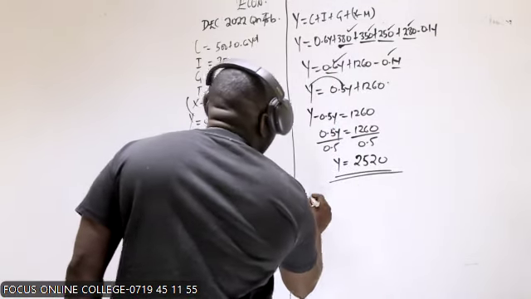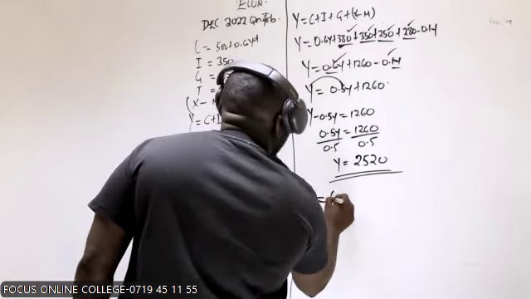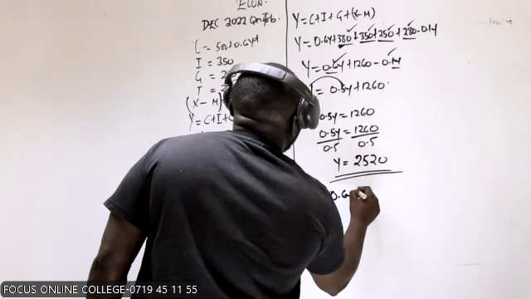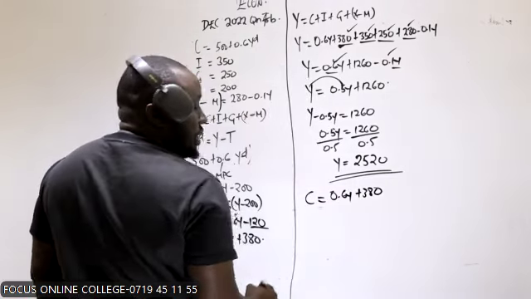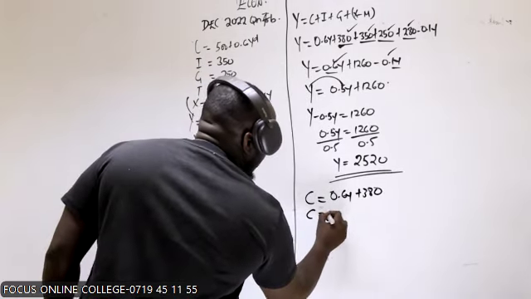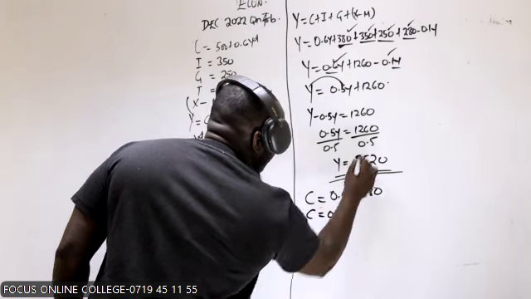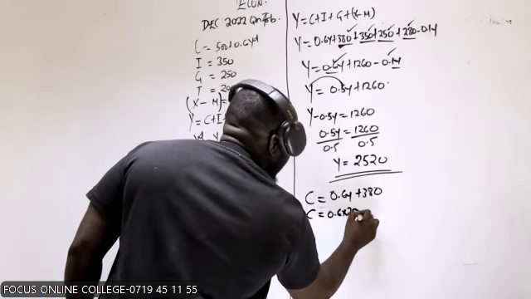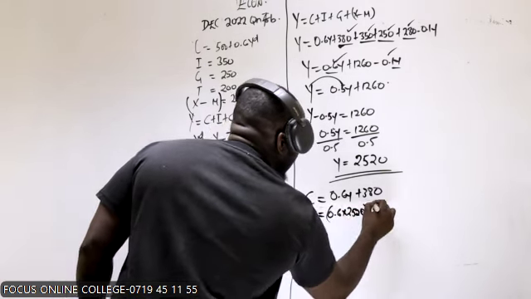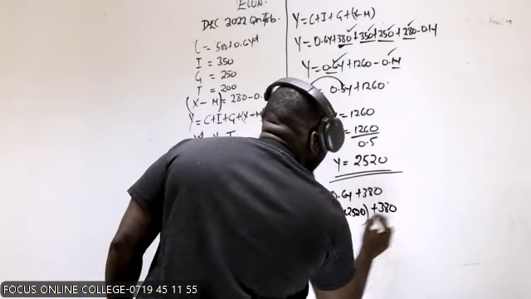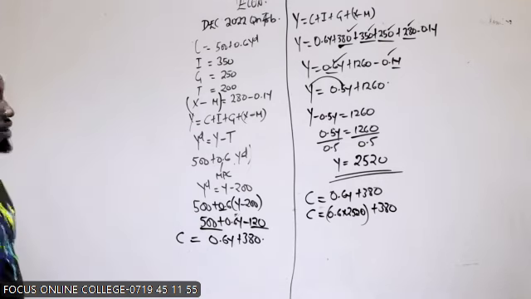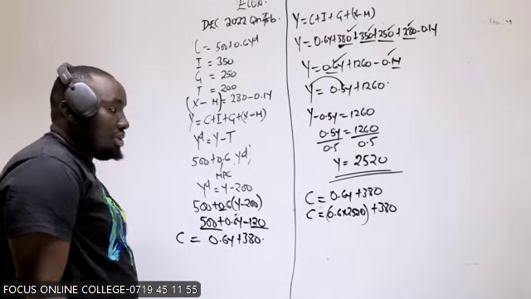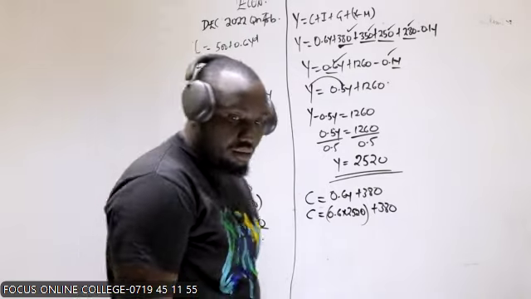We have the consumption equation being 0.6Y plus 380. So C is going to be 0.6 times Y, which is 2520, plus 380. Get for me 0.6 times 2520 plus 380, to get the equilibrium level of consumption.